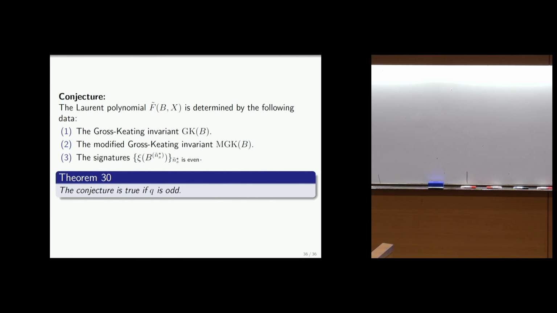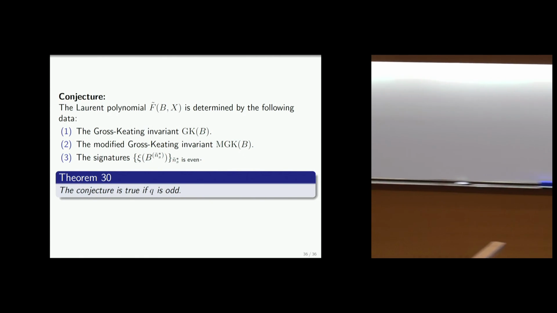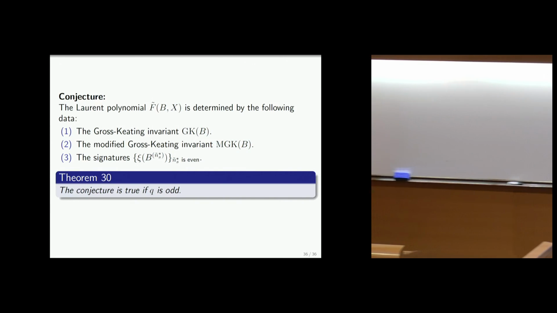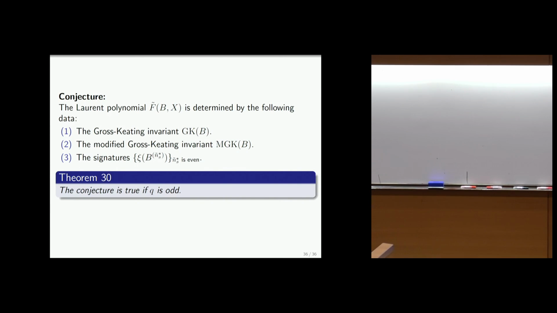Now we conjecture that the Laurent polynomial f̃_B(x) is determined by the following data: the Gross-Keating invariant of B, the modified Gross-Keating invariant of B, and the signatures ξ of B to the Ñ*_s such that Ñ*_s is even.